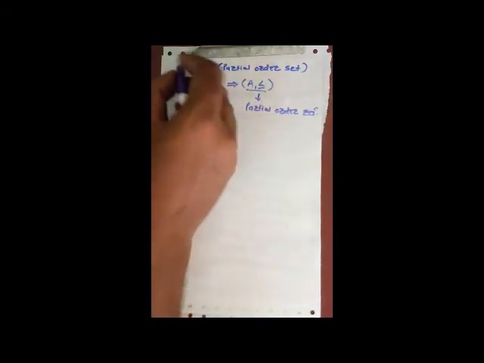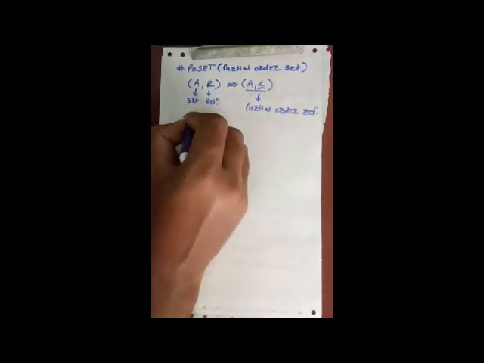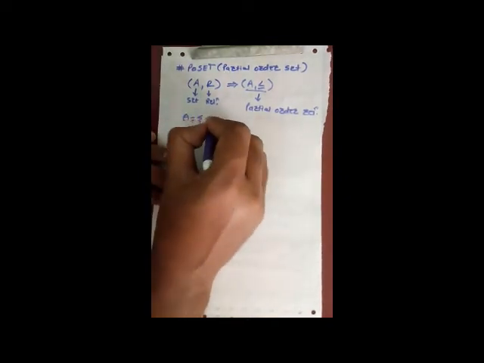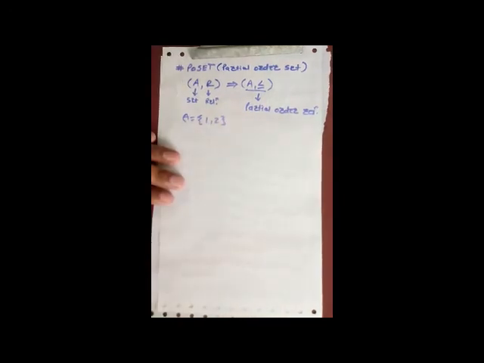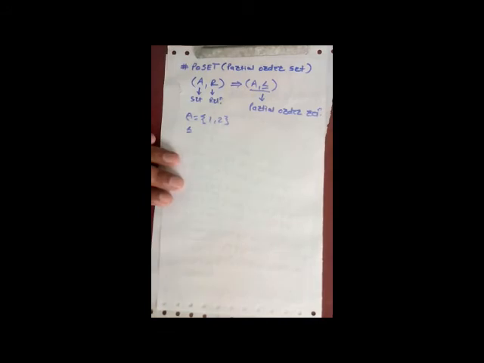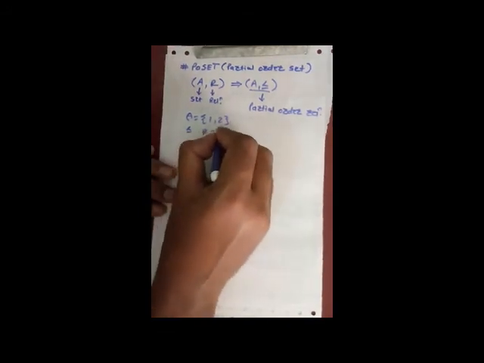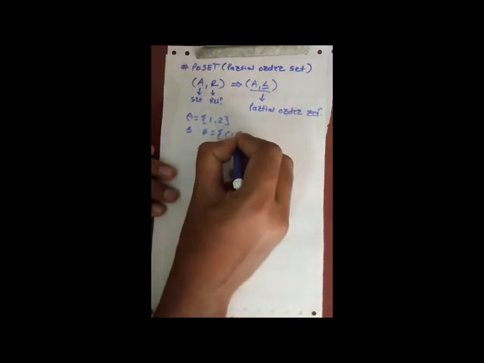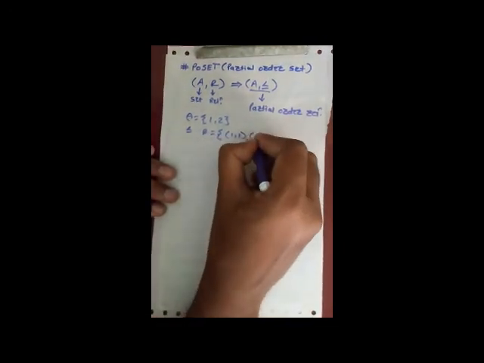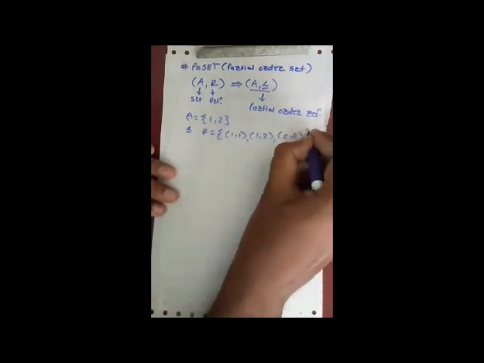Consider A is equal to 1 comma 2, that is the set, and less than or equal to is the relation. So R is equal to 1 comma 1, then 1 comma 2, and 2 comma 2.